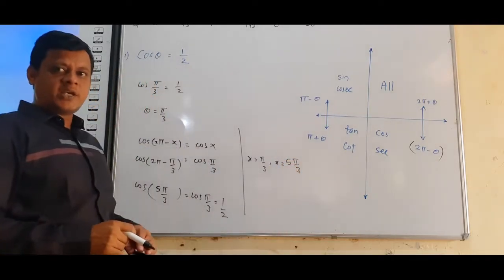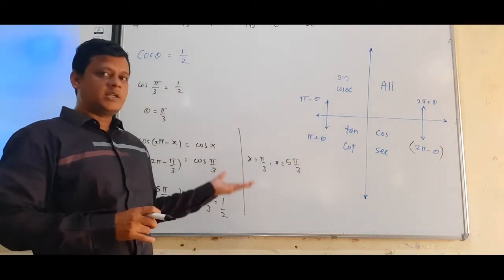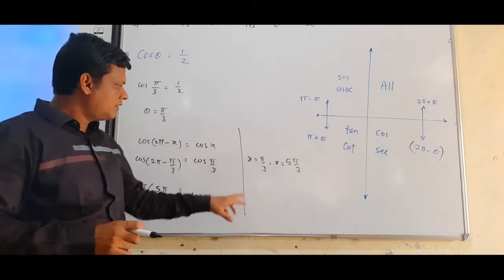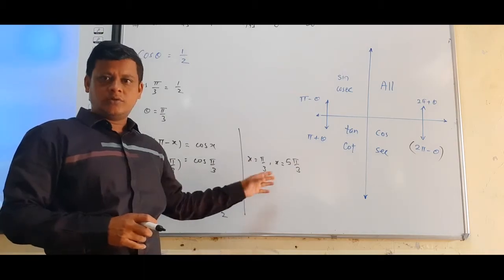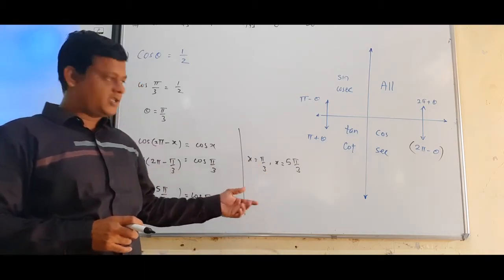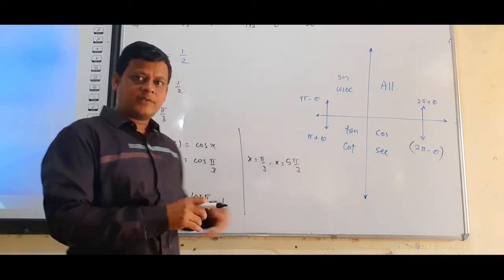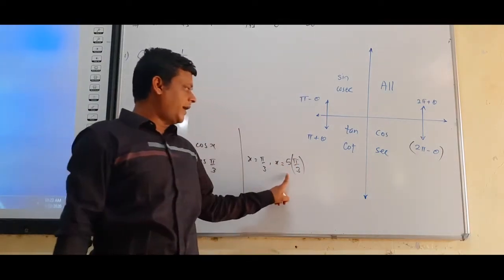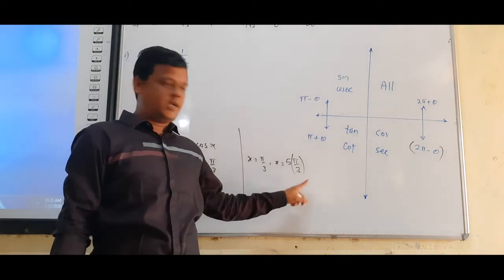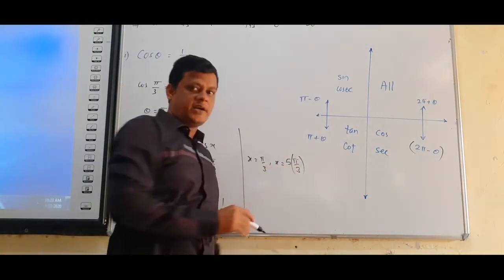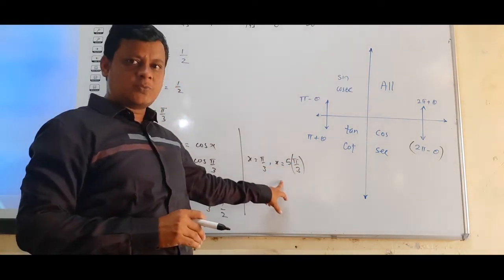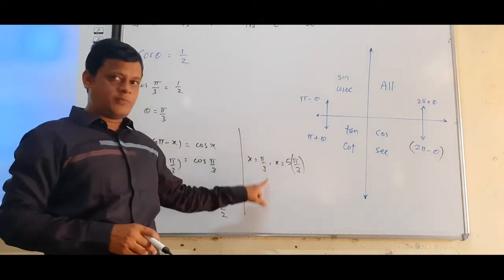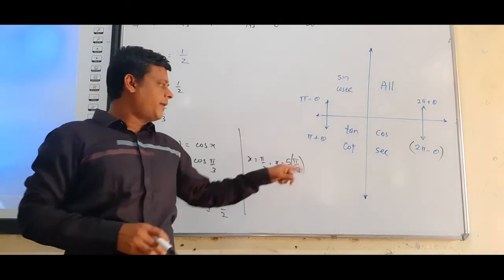We have to check whether it is greater than 360 or less than 360. Pi by 3 is 60, which is less than 360. 5 pi by 3 means 5 times 60, that is 300. So the condition is satisfied. Therefore the principal solutions are x equals pi by 3, x equals 5 pi by 3.